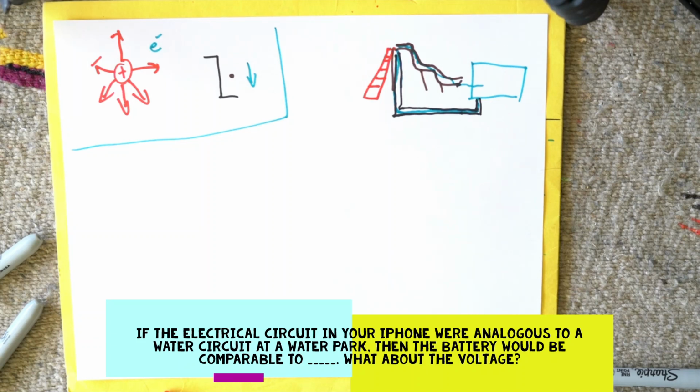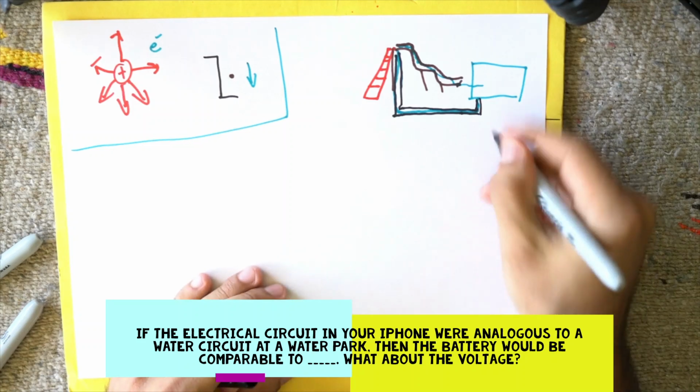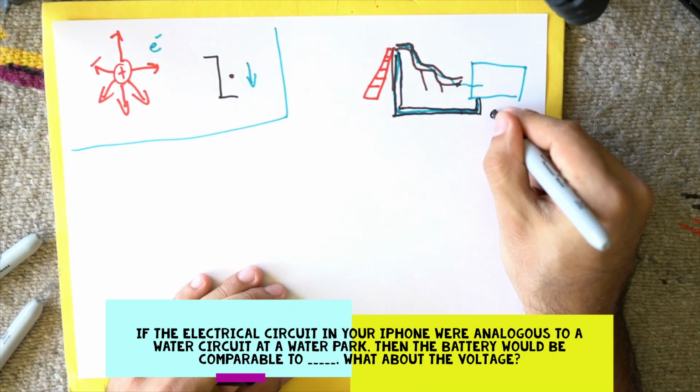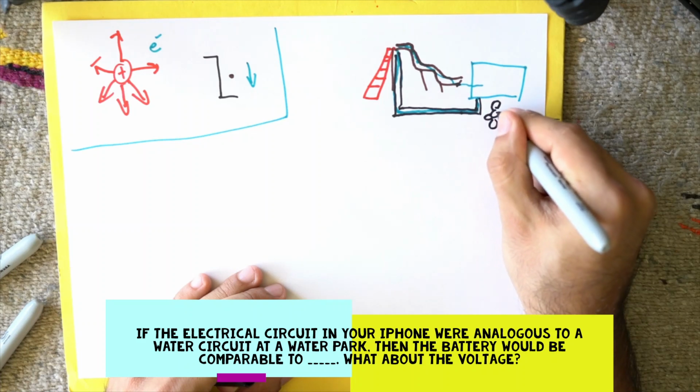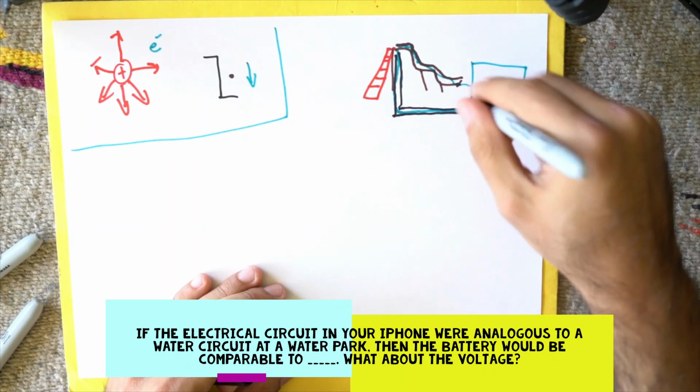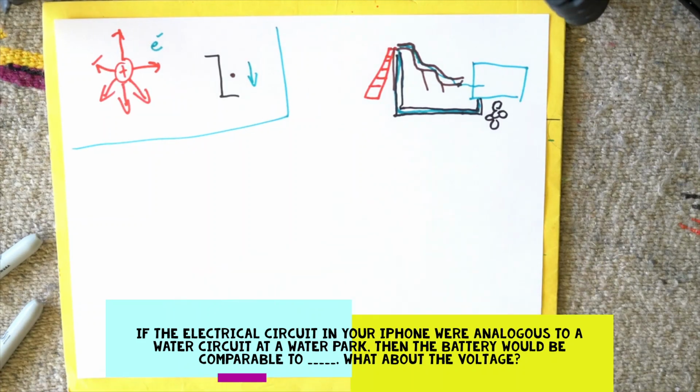Let's try to find out what the battery would be and what the voltage is. So if I had some pump right here, let's just, I don't know, create a fan, like a 4-leaf clover, I guess. Some fan right here that pushes the water from here all the way up. That would be the battery, okay?